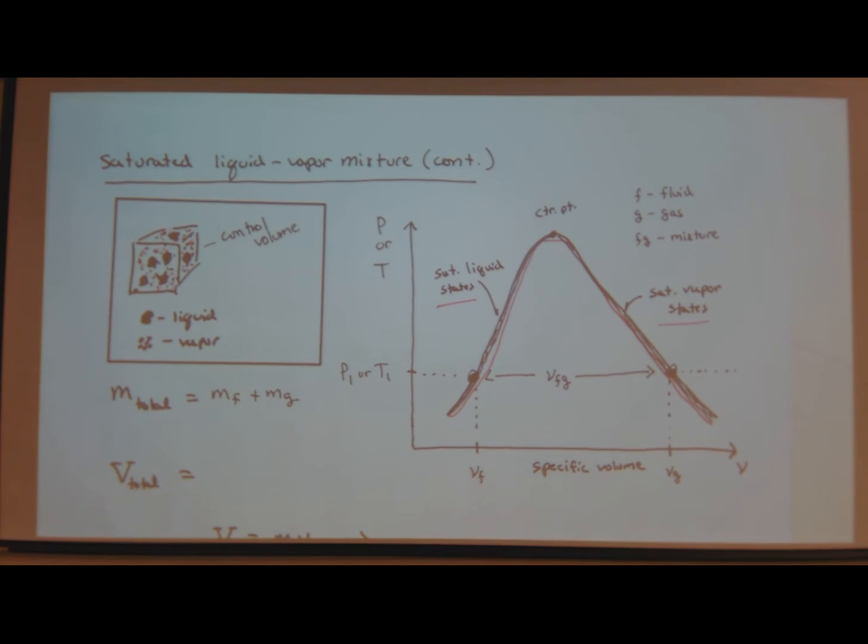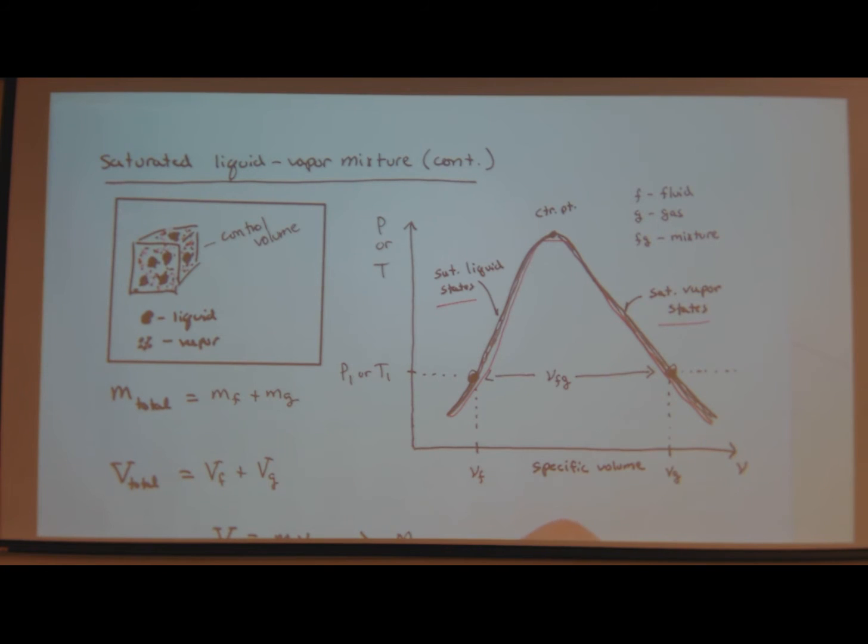Volume total is going to be the total volume of the fluid phase plus the total volume of the gaseous phase. And of course volume, I can express that in terms of the specific volume and mass, because specific volume is just the volume per unit mass.